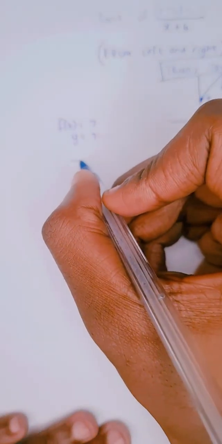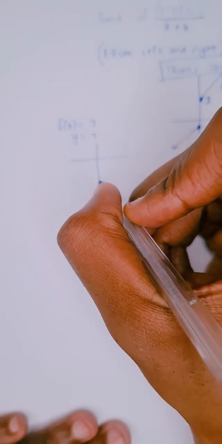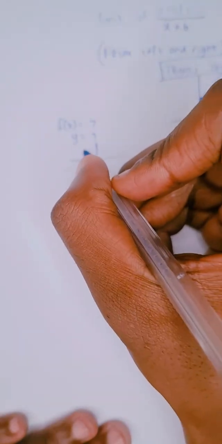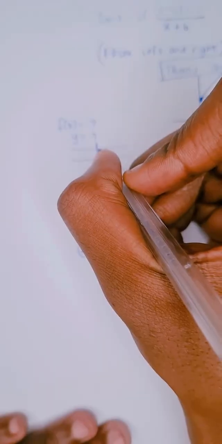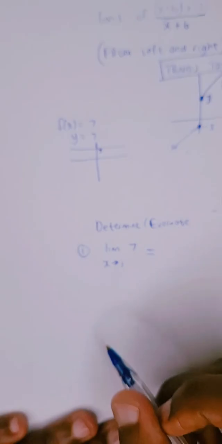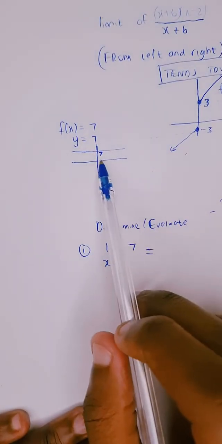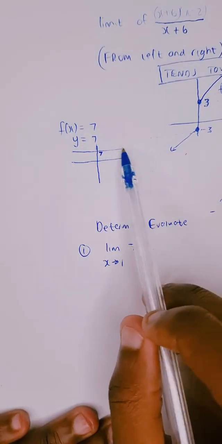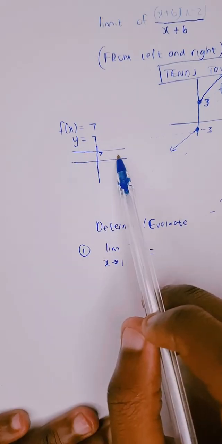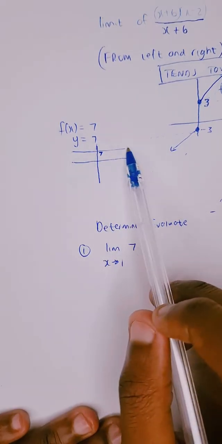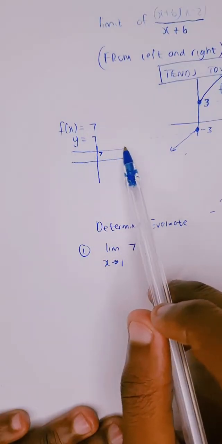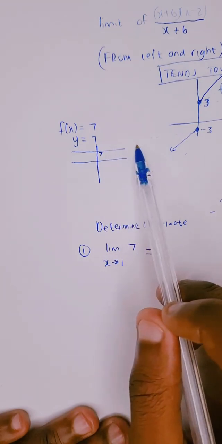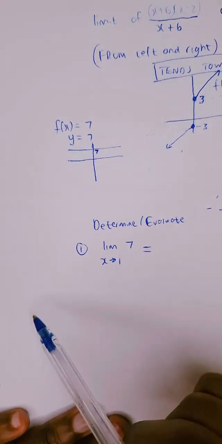Y is equal to 7 is simply, on the Cartesian plane, a horizontal line that cuts the y-axis at 7. Any horizontal line has a gradient of 0 and the y values are the same everywhere. Y is constant everywhere on that horizontal line.